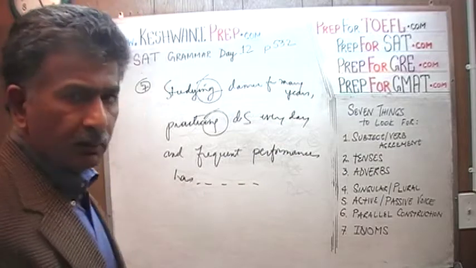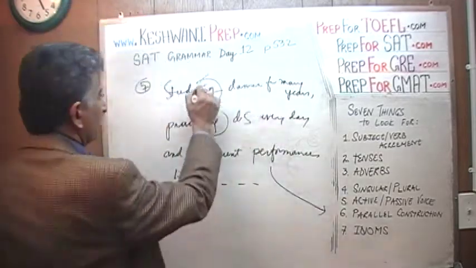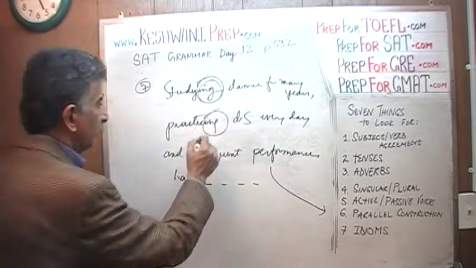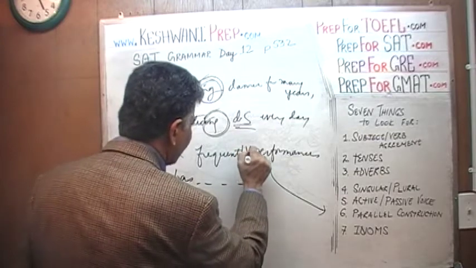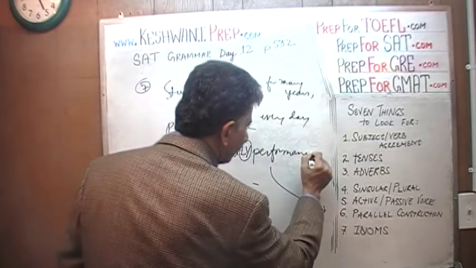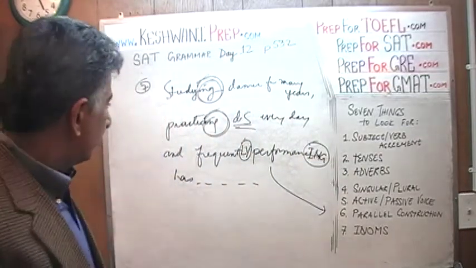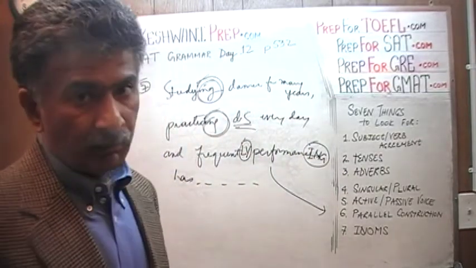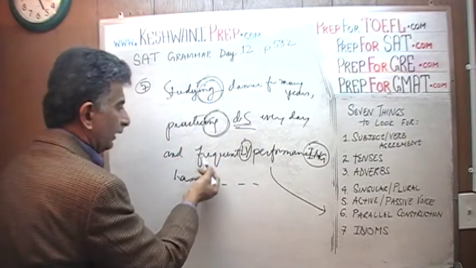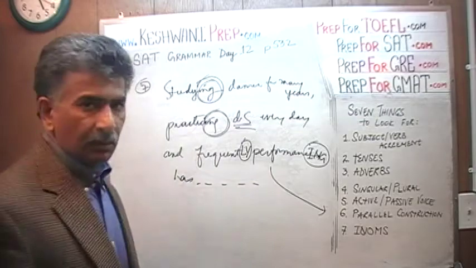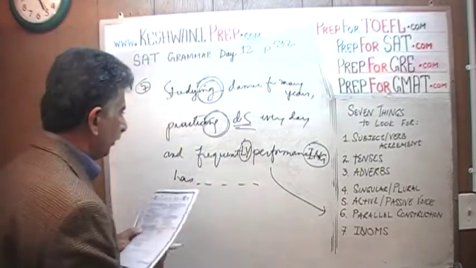What's wrong with it so far? Well, again, this has to do with parallel constructions. We have studying dance, practicing difficult steps. It should say, and frequently, not performances, but performing. And frequently performing, or performing frequently, even better. Studying dance, practicing difficult steps, and performing frequently.